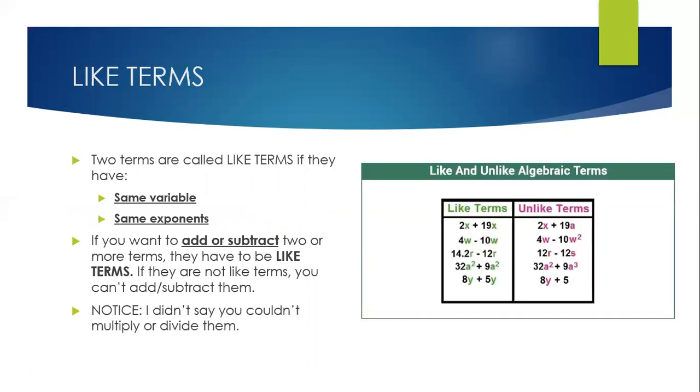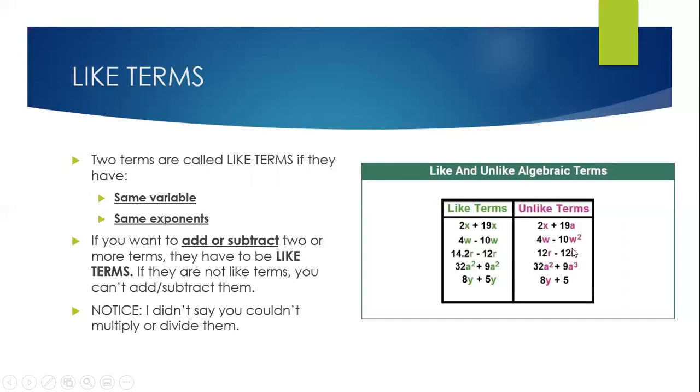Two terms are called like terms if they have the same variable and the same exponent. So we see here you have 2x, 19x, 4w, 10w, 32a squared, or a to the 2, 9a to the 2. Usually, if you want to figure out what the like terms are, you don't have to overthink it. They're the ones that look the same. So 32a squared and 9a cubed look different because one has a 2 at the top, the other one has a 3 at the top.